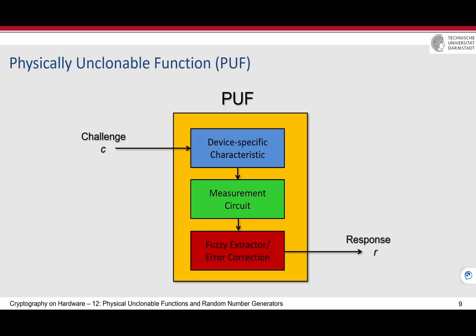Sometimes you also need a fuzzy extractor and some error correction to generate the response, because, as I said, the output is not deterministic. Every time that you send the same challenge to the same device, you may not always receive the same output. Sometimes it's erroneous, sometimes it's not very reliable. For some challenges, the output is very reliable; for some challenges, the output is not reliable at all.